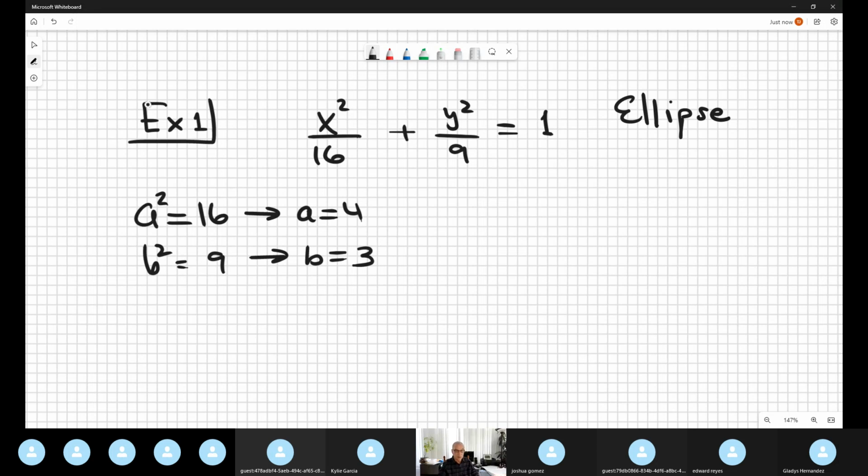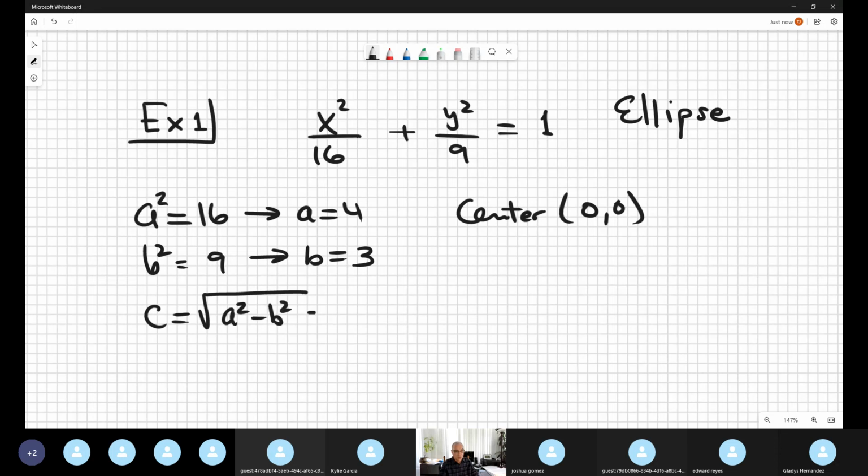It's obvious that the center is located at the point 0,0 because I don't see any shift, horizontal or vertical, in the x or y direction. Then the c value is equal to the square root of a squared minus b squared. This is the formula, no? You can find it from the same formula I explained at the beginning: a squared is equal to b squared plus c squared.